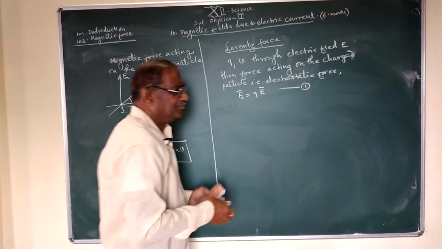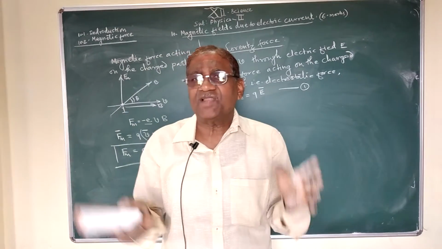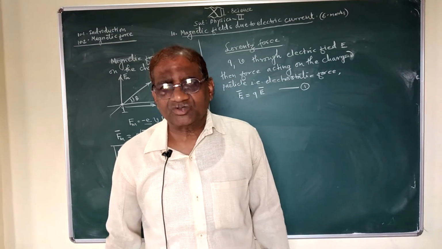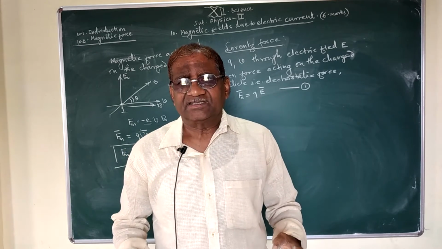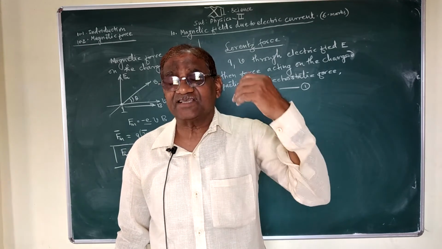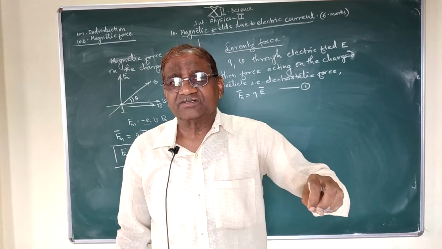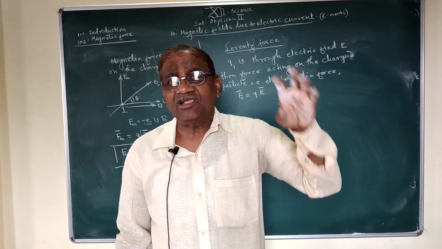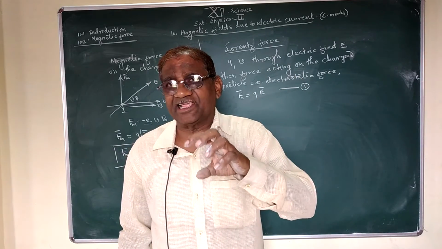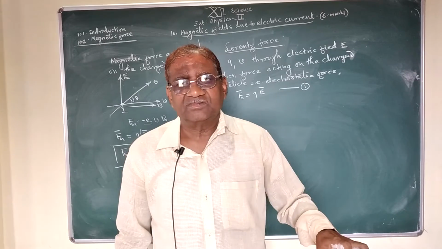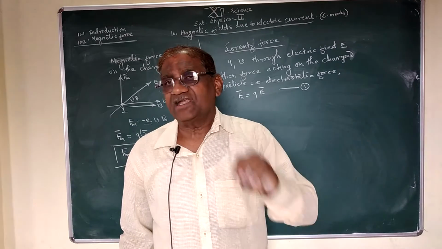At the same time, because the charged particle is moving through an electric field as well as a magnetic field, due to the effect of both fields the charged particle experiences forces. The total force, the resultant net force acting on the charged particle under the action of electric field and magnetic field, is the sum of the electrostatic force and the magnetic force.